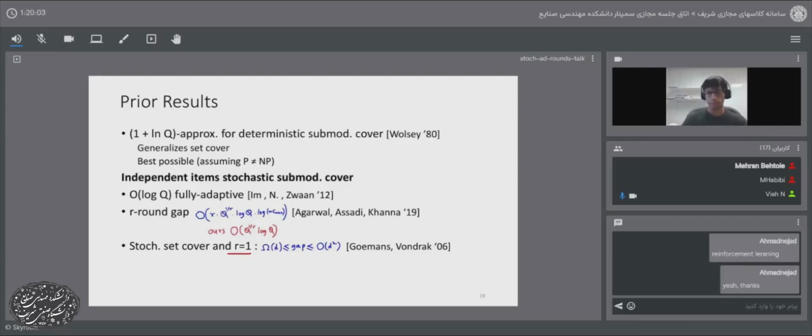So it's some parameter specific to that problem. So the adaptivity gap had this quadratic gap between D and D square. And as a consequence of our result, we can tighten the upper bound to D times log D. So we now know that the adaptivity gap for this problem lies between D and D times log D.